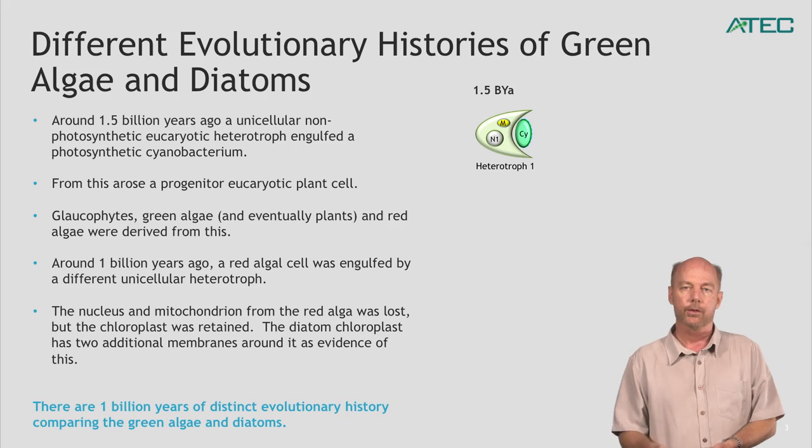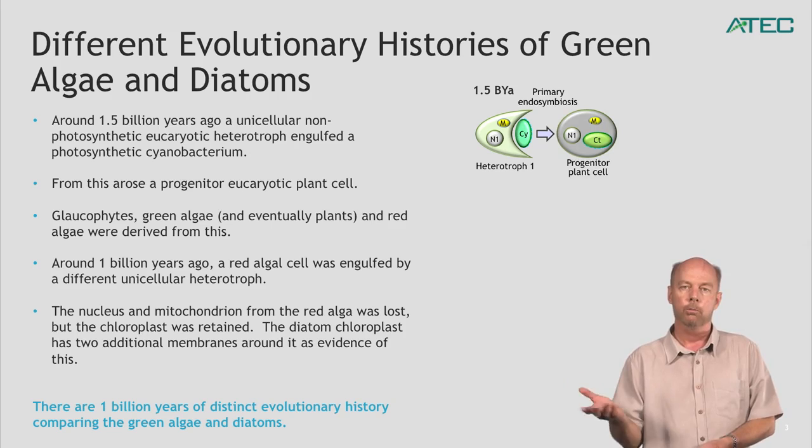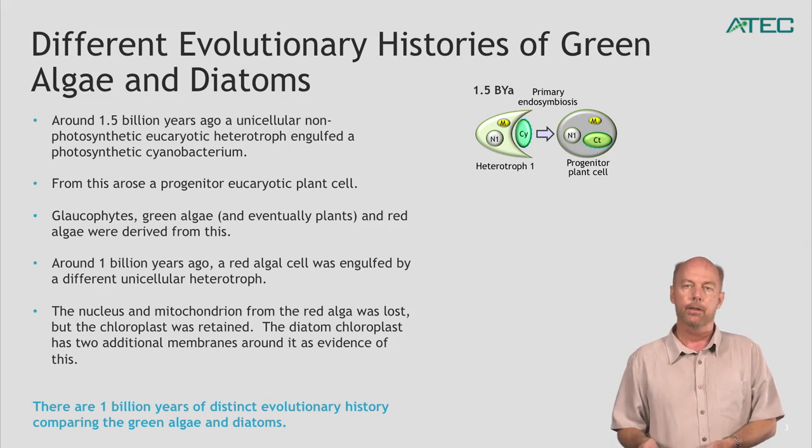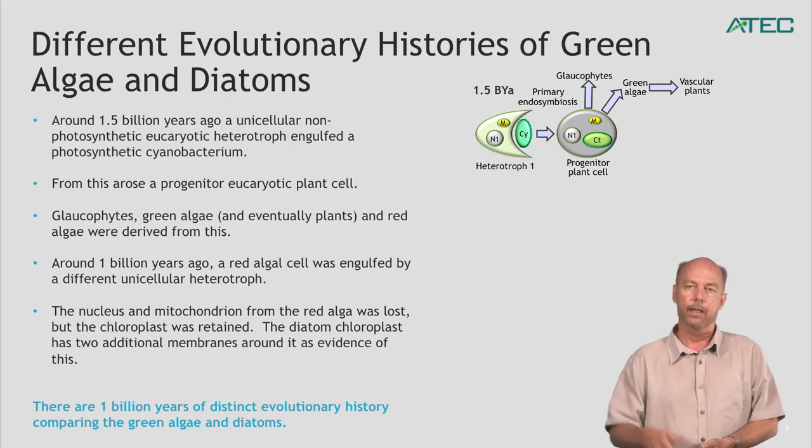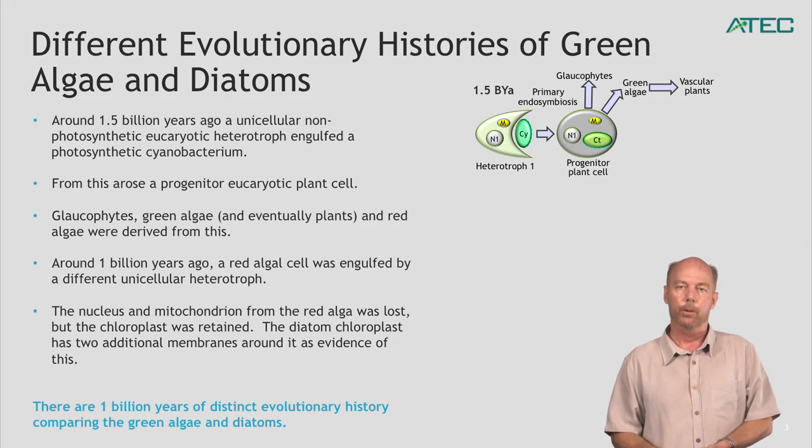During this engulfment event, the cyanobacteria eventually evolved into what we now call the chloroplast, and we had the formation of an initial progenitor plant cell. And then this diverged in three different ways. It formed three lineages: one, the glaucophytes; the other, the green algae, from which later the vascular plants arose; and then the red algae.